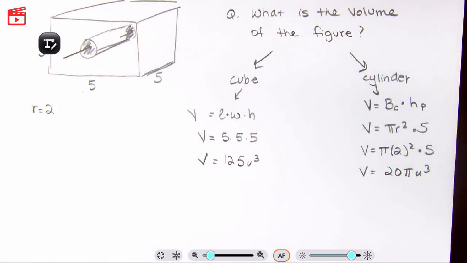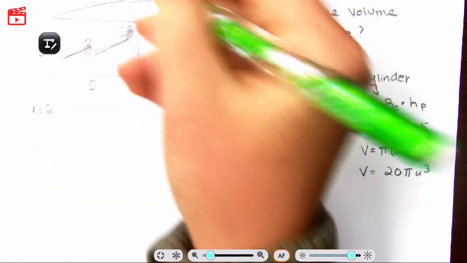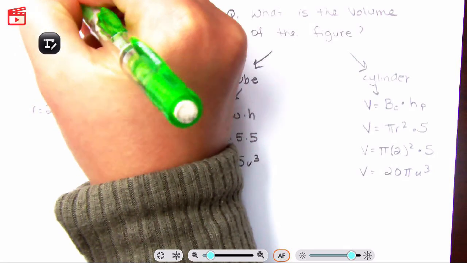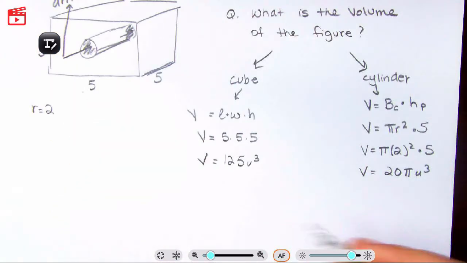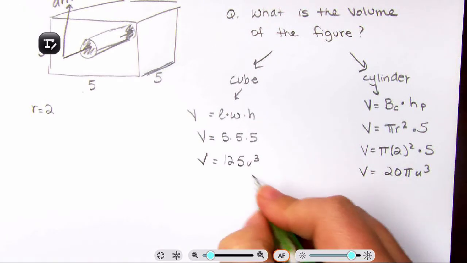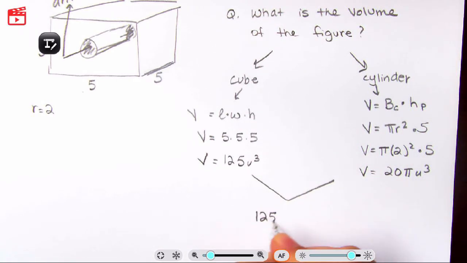So again, there's two types of composite figures. Are we adding or are we removing? And since this has been drilled out, then we're actually removing some of that volume that could have been filled. So we're going to remove. So I have 125 units cubed.